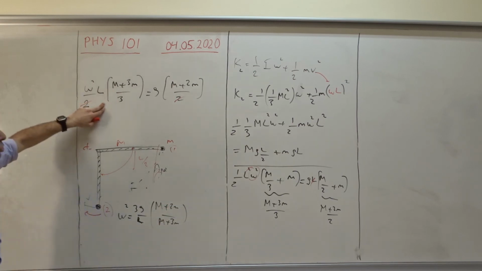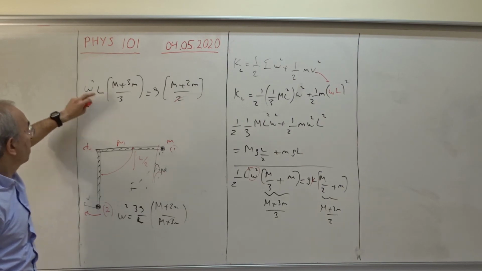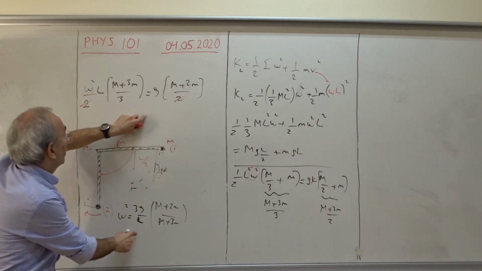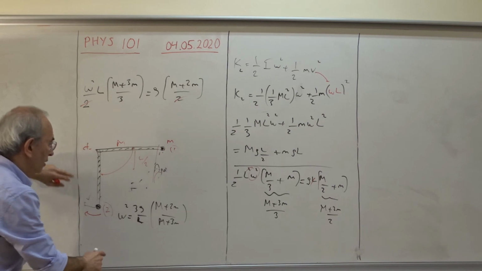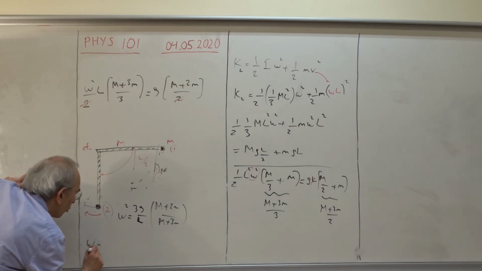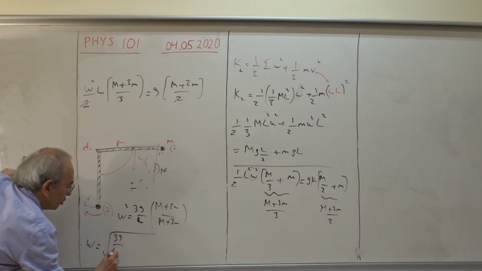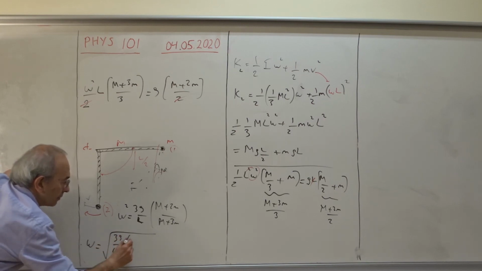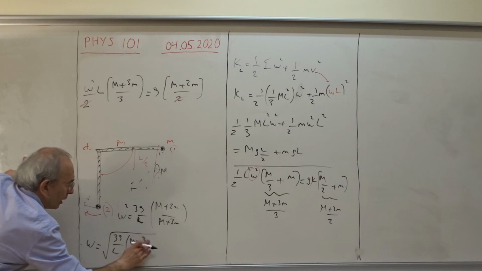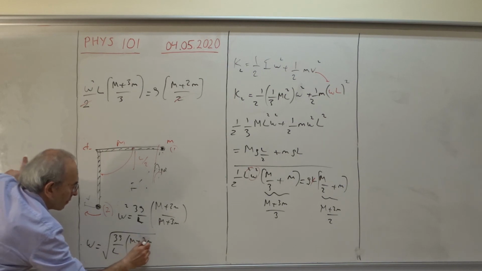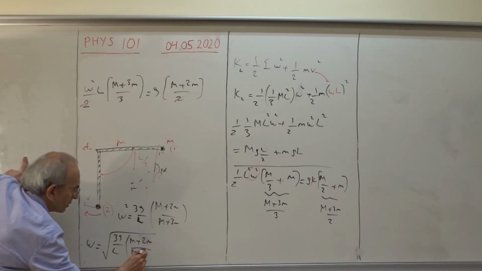And there is no other term missing. Omega squared is L comes here, 3G over L and the rest. So omega is simply the square root of 3G over L multiplied by M plus 2m divided by M plus 3m.